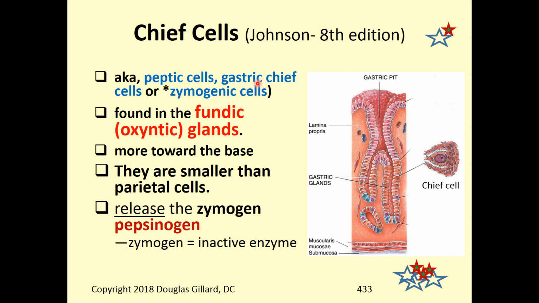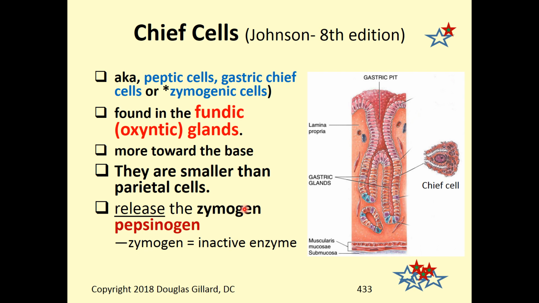Chief cells, also known as zymogen cells, peptic cells, gastric chief cells, are found in the fundic gland, more toward the base this time. They kind of live down there. We already looked at those. They're a little smaller than the parietal cells. They release a proenzyme, which you could call a zymogen.